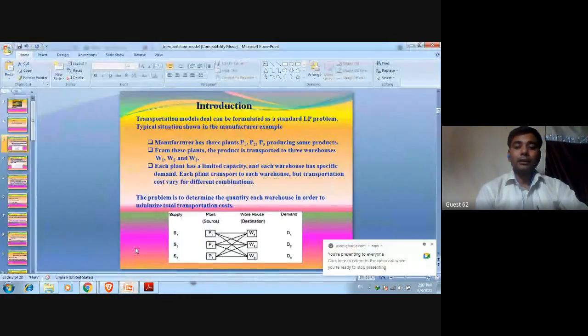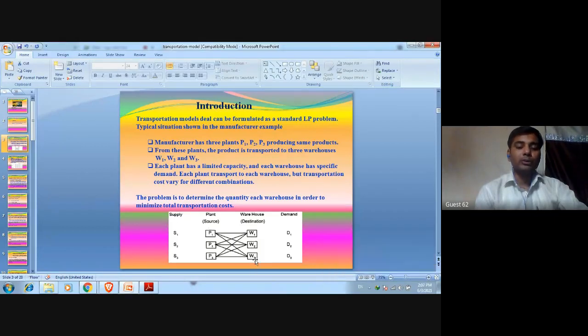And similarly, the warehouse also has its requirement. It means if a plant produces 50 units, there is no need that the warehouse also has a requirement of 50 units. If suppose that plant P1 produces 50 units, the requirement of either W1 or W2 or W3 is different from the capacity of the plant P1.